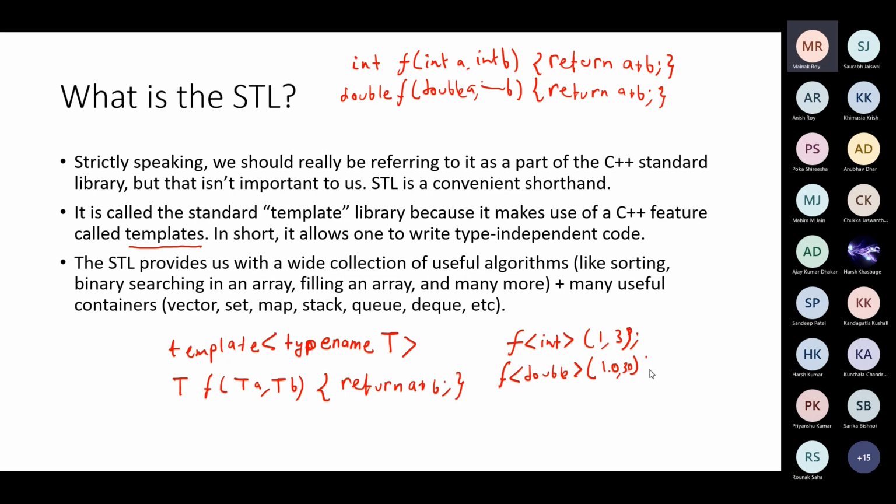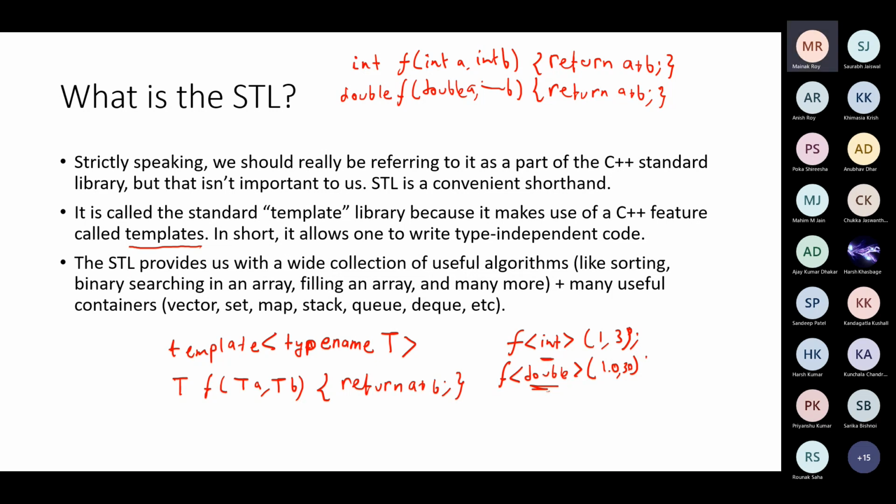That is very convenient for us because now we don't need to write hundreds of functions doing the same thing. We can just write one function and then the user can add in the type as he needs, which is very nice. And you will see this kind of syntax again when we are dealing with the containers. So I'll just briefly explain it there again so you don't get confused.